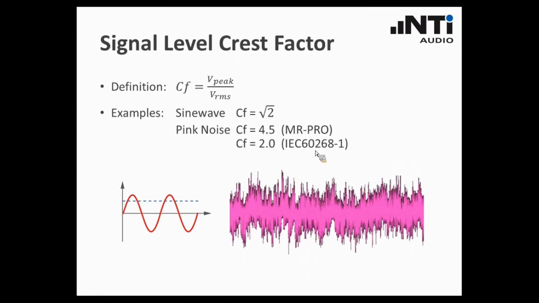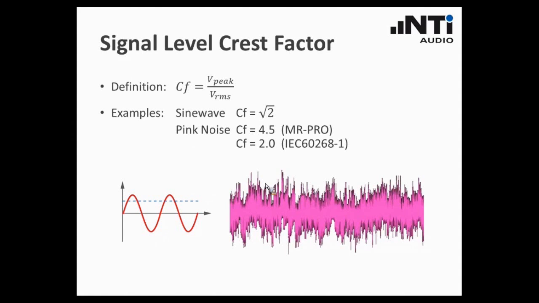The IEC 60268 standard has defined a pink noise signal with a crest factor of 2.0. However, keep in mind that achieving this lower crest factor for pink noise has a major drawback, because what you do is you cut off these peaks. It's the only way you can change the crest factor of your noise signal.